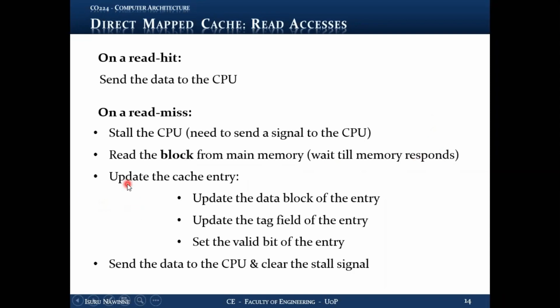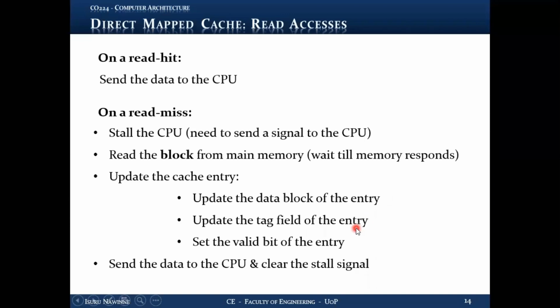Now, once that read is complete, once the memory has provided the data and the data has arrived at the cache, the cache controller needs to update the cache entry, right? Updating the cache entry has 3 parts. So far we have 3 parts in our cache structure. One is the data block. You need to go and update the data block. You need to update the tag field corresponding to that data block.